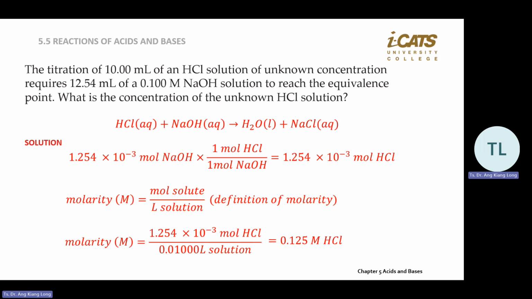In the experiment, you can measure how much HCl you have. In this case, I just copy there, 10 ml. But I convert this one into liter for my calculation, 0.01 liter. In experiment, everything changed into liter, then you convert into the apparatus. Let's say apparatus is ml, you convert liter into ml.